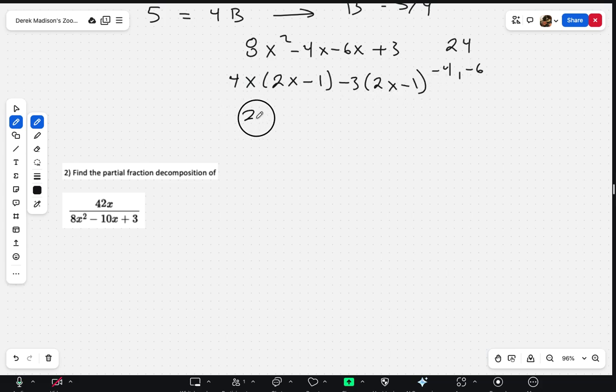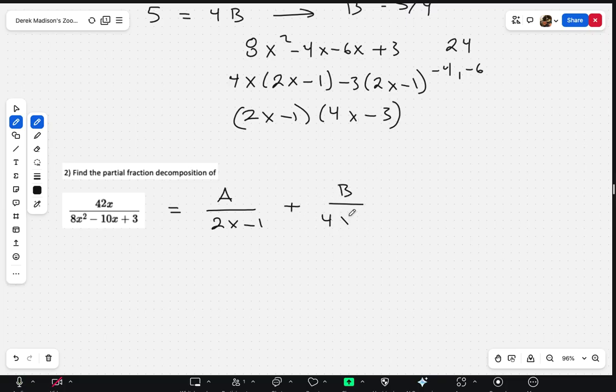So my factored version is going to be 2x minus 1 and 4x minus 3. From there, it sets up just like the last one. So we'd have a over 2x minus 1 plus b over 4x minus 3.